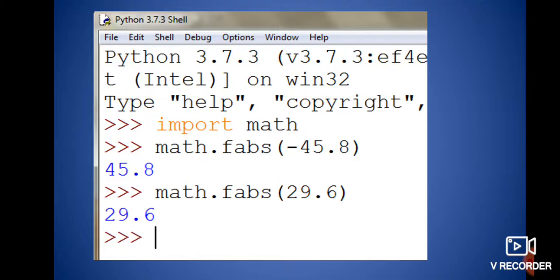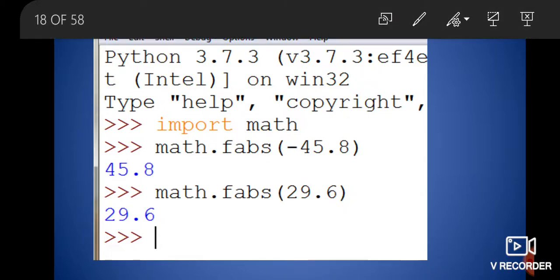Okay, so you know this function is performing the work of the mod operator that you have in your normal mathematics. आप लिखते हैं ना, जो काम आप इस ऑपरेटर से करते हैं अपने मैथ्स में, वही काम ये फैब्स फंक्शन पाइथन में करता है. क्लियर?